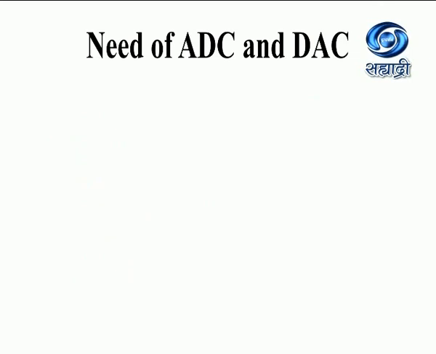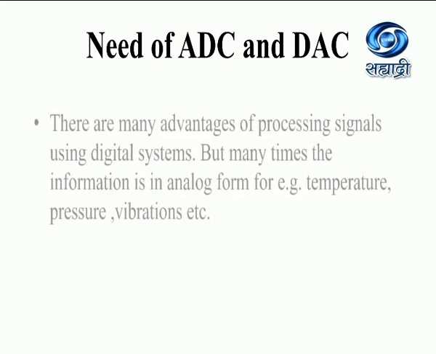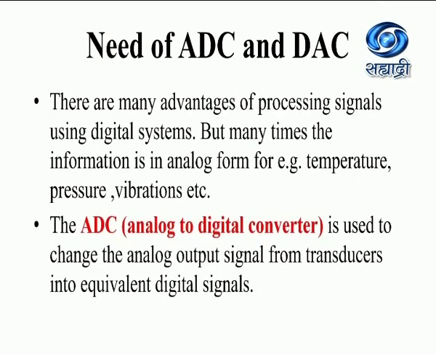First of all, we have to understand why ADC and DAC are required in digital circuits, and what is the need of ADC and DAC. There are many advantages of processing signals using digital systems, but many times the information is in analog form, that is temperature, pressure or vibration, etc. So the ADC, analog to digital converter, is used to change the analog output signal from a transducer into equivalent digital signals.